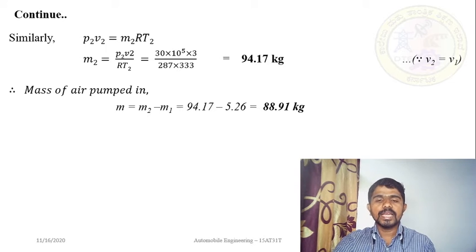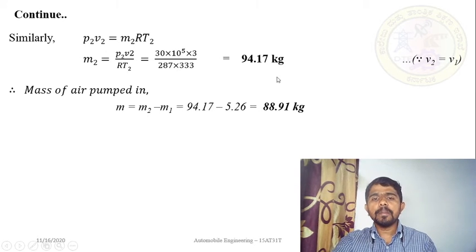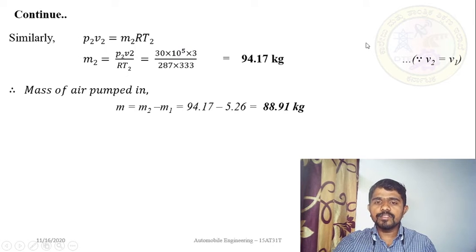Is that okay? Yes. So now this mass, 88.91, you should calculate in the form of volume. You have to determine this value in the form of volume. But the condition he has given is pressure 3 and temperature 3.